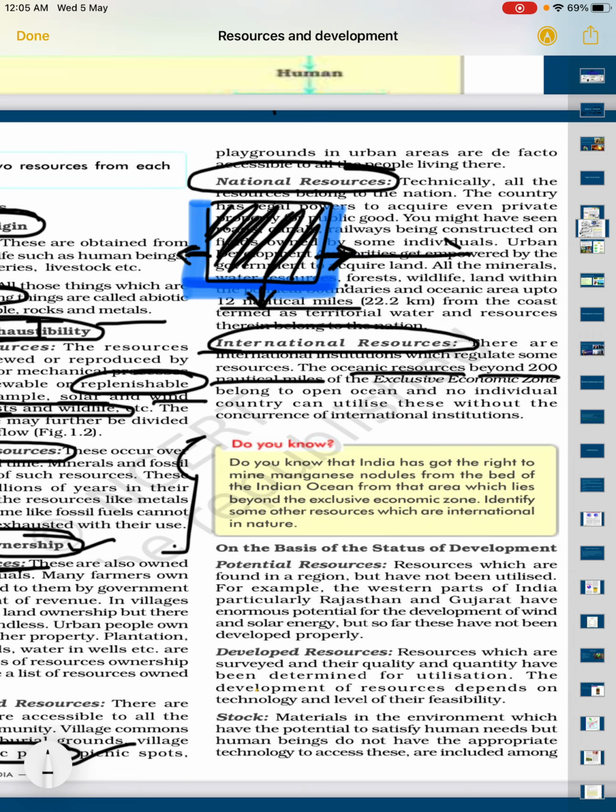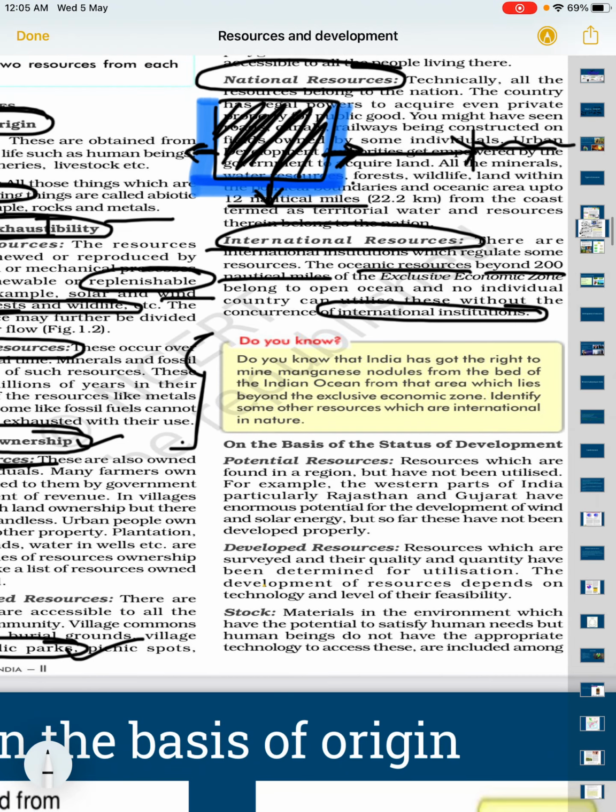So till 200 nautical miles, after that, whatever water body is there, that belongs to the international body or international institution. And who owns it? The international institutions, the group of countries making those international institutions.